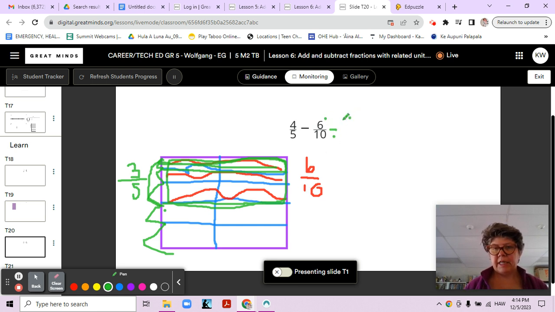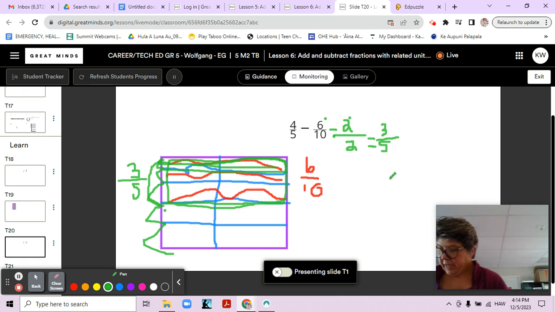We can divide 6 by 2, divide 10 by 2. 6 divided by 2 is 3, and 10 divided by 2 is 5, right? So by composing it, I'm dividing by 2. I'm putting those back together, right? Remember when I multiplied by 2, it's breaking it into more pieces. When I divide, I'm making fewer pieces.